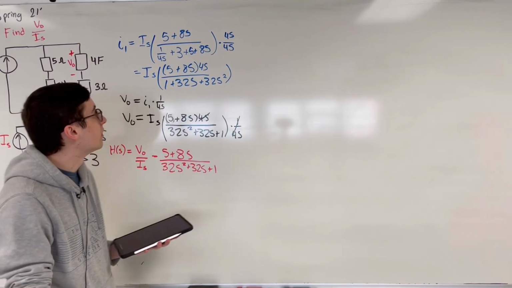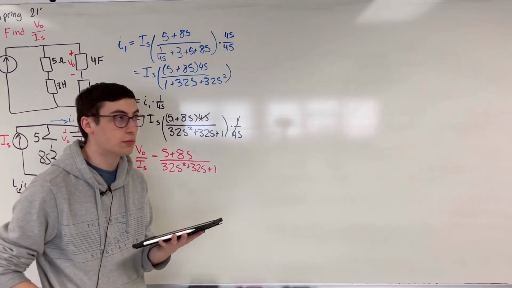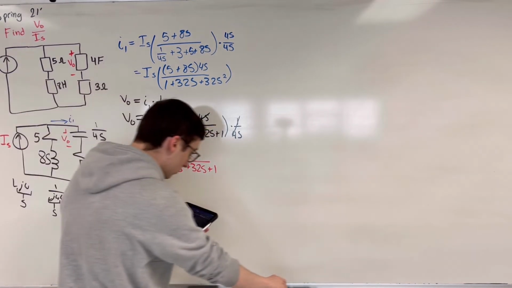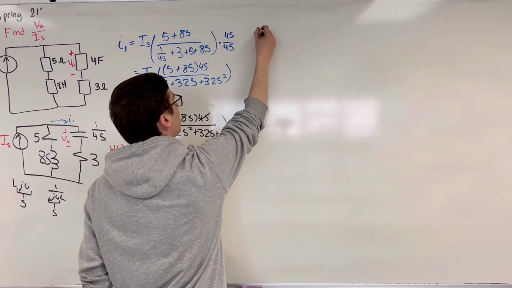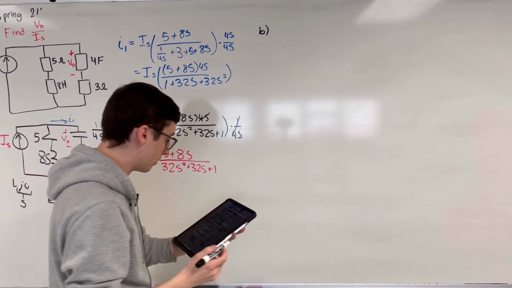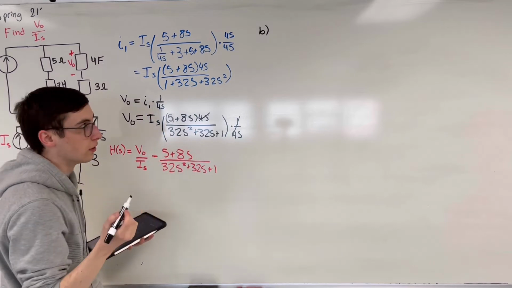Now we want to solve for part B, which asks us to find the zeros and the poles of our transfer function. Finding the zeros and poles is really simple. To find the zeros, you take the numerator and set it equal to 0.